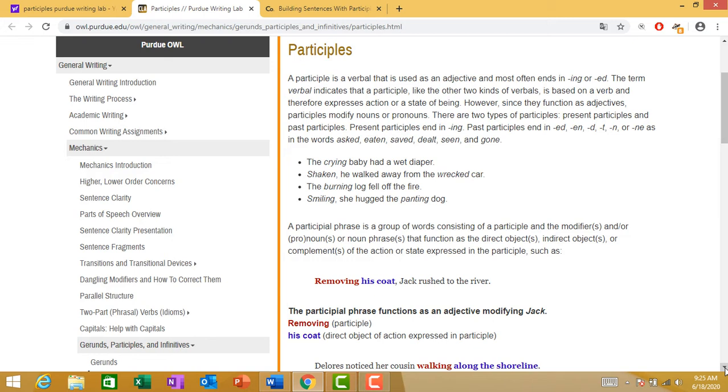Now let's look at some sentences. The crying baby had a wet diaper. If you had a gerund phrase because of the verb crying in this sentence, the first phrase with the gerund would be the subject.